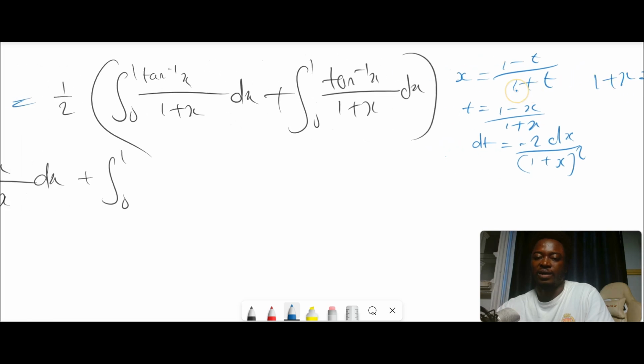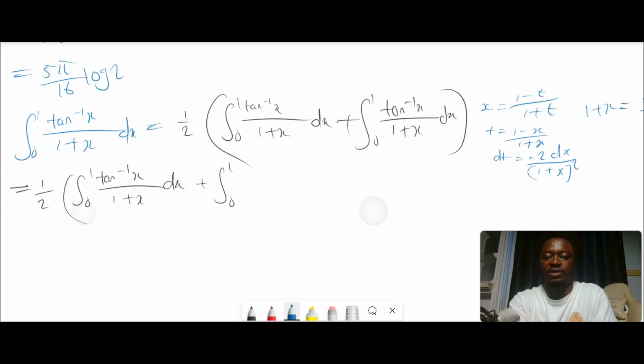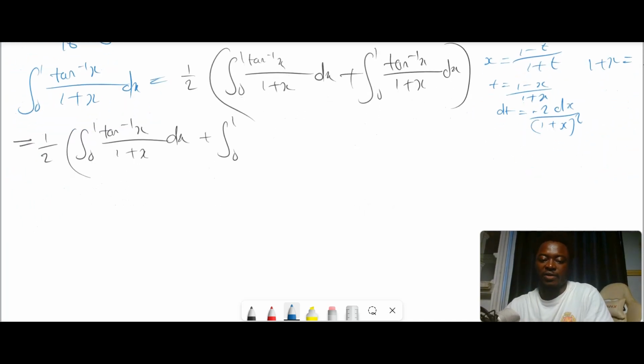So if we come back here, you will have the integral from, let's say, 1 to 0, then you have tan inverse of what?